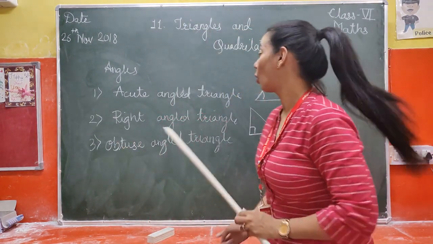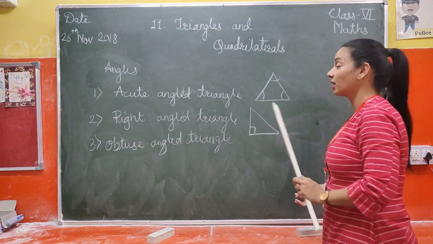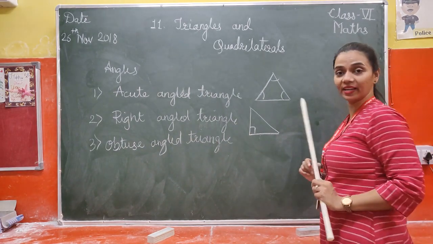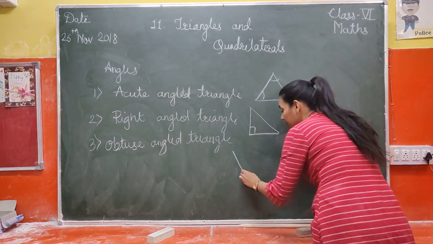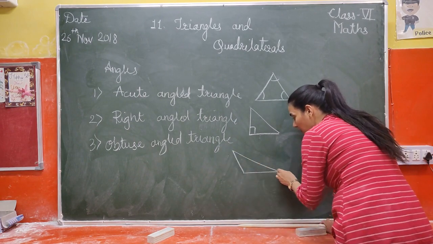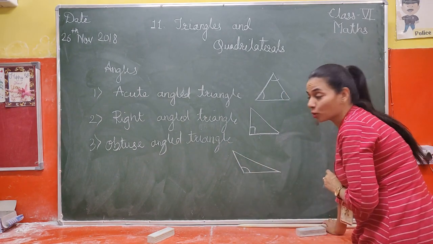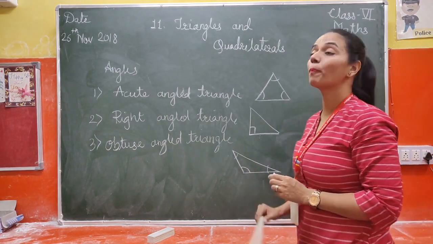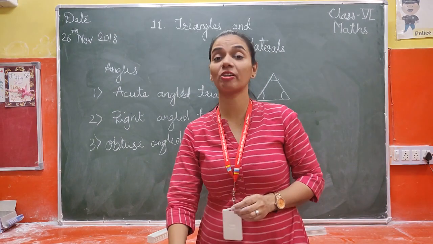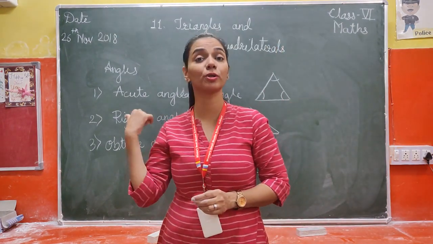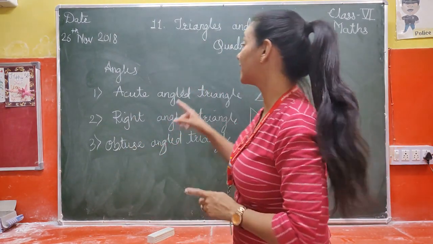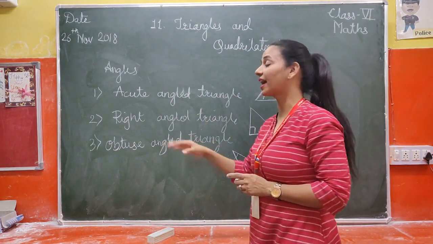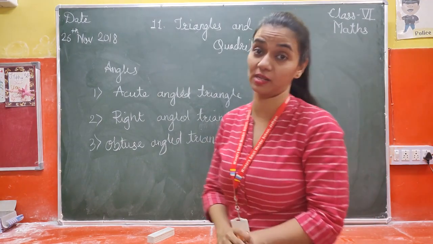The other two will be acute and one will be a right angle. And the triangle in which one angle is an obtuse angle and the other two will obviously be acute angles is called an obtuse angle triangle. So we have three types of triangles according to angles: acute angle triangle, right angle triangle, and obtuse angle triangle.